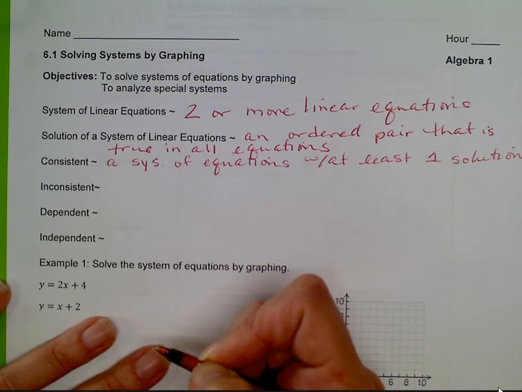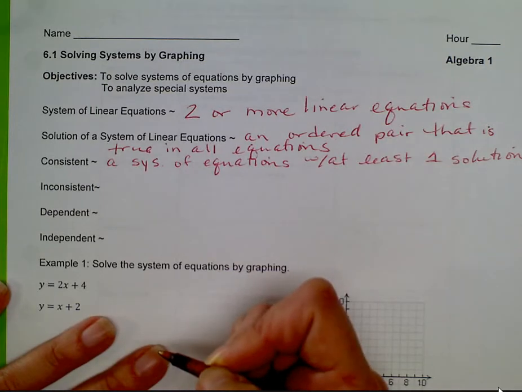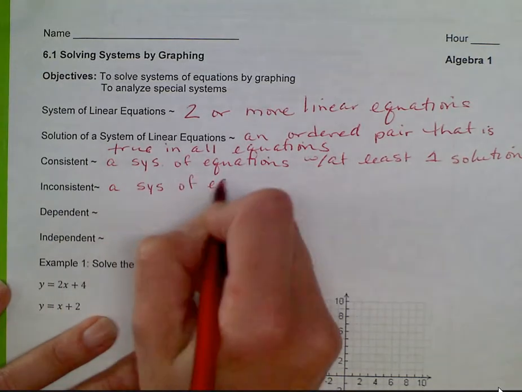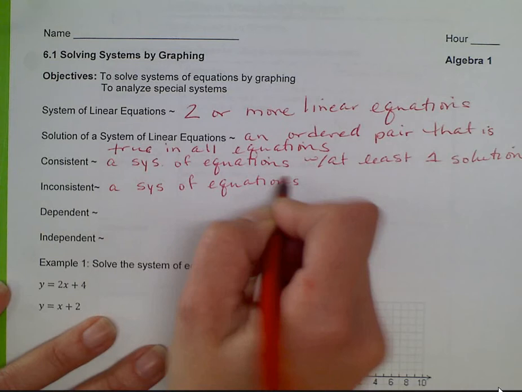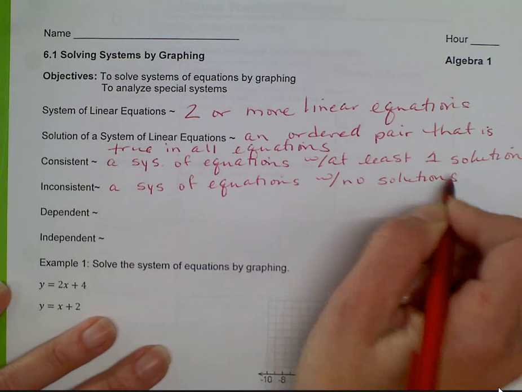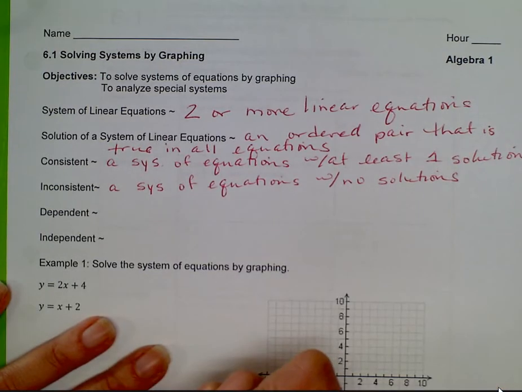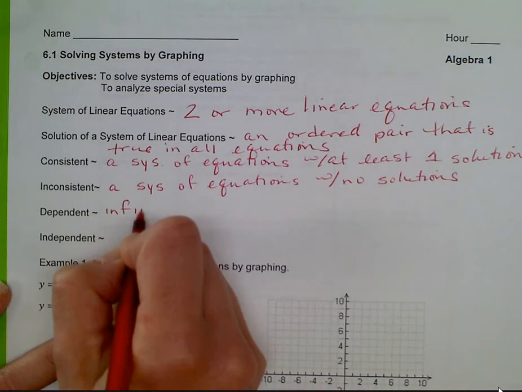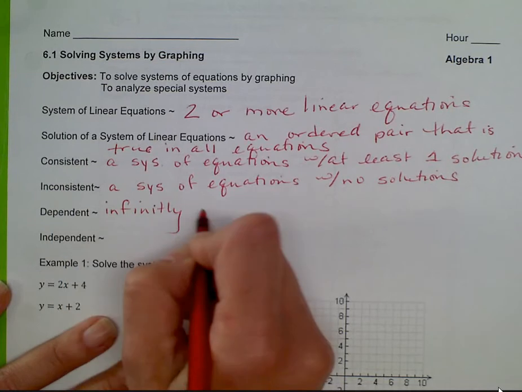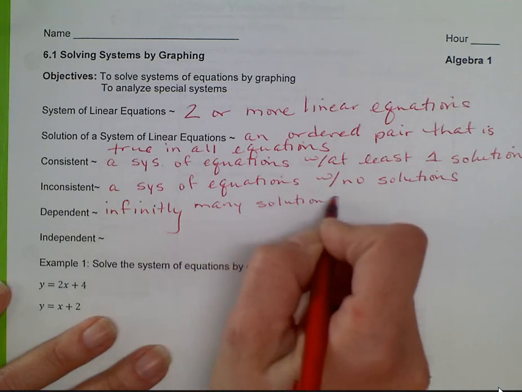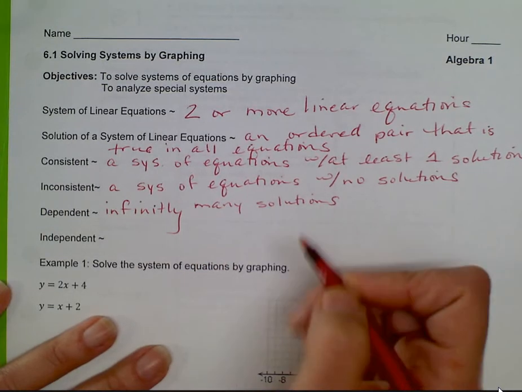Inconsistent would be a system of equations with no solutions. If they're dependent, they're going to have infinitely many solutions. If they're independent, they're going to have exactly one solution.